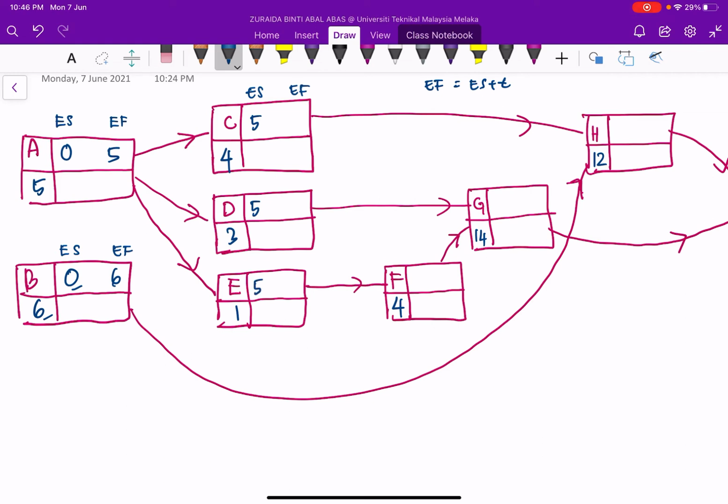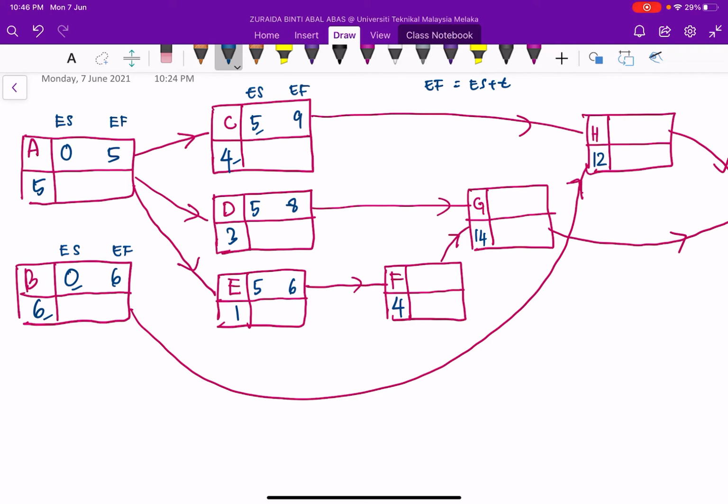Now you can determine the earliest finish time: for C, 5 plus 4 is equal to 9. For D, 5 plus 3 is 8. For E, 5 plus 1 is 6.